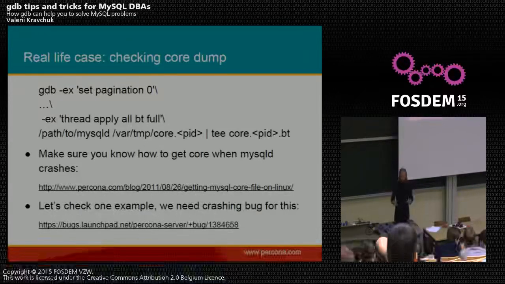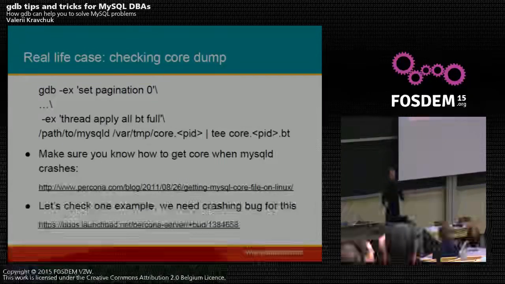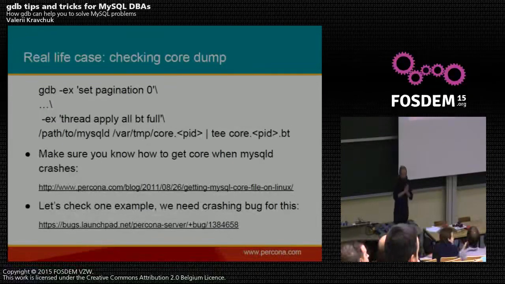As soon as you have a core dump, you will be required to get a backtrace, either with all the variables or not. The results will be easier or harder to interpret depending on what build of MySQL you use. Does it have a symbol table, or is it stripped or not? But it's not your problem.